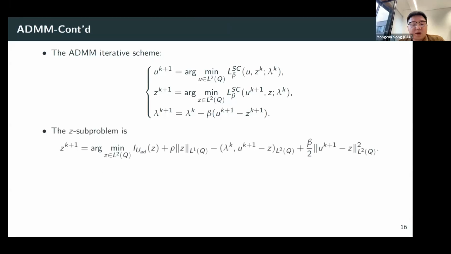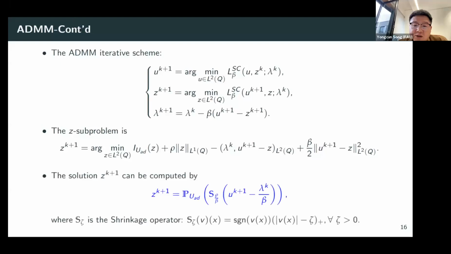Then we first look at the z subproblem. By the definition of the augmented Lagrangian functional, the z subproblem is just a very easy optimization corresponding to the non-smooth regularization, and it has a closed-form solution. That is, the solution z^{k+1} can be computed in this form.